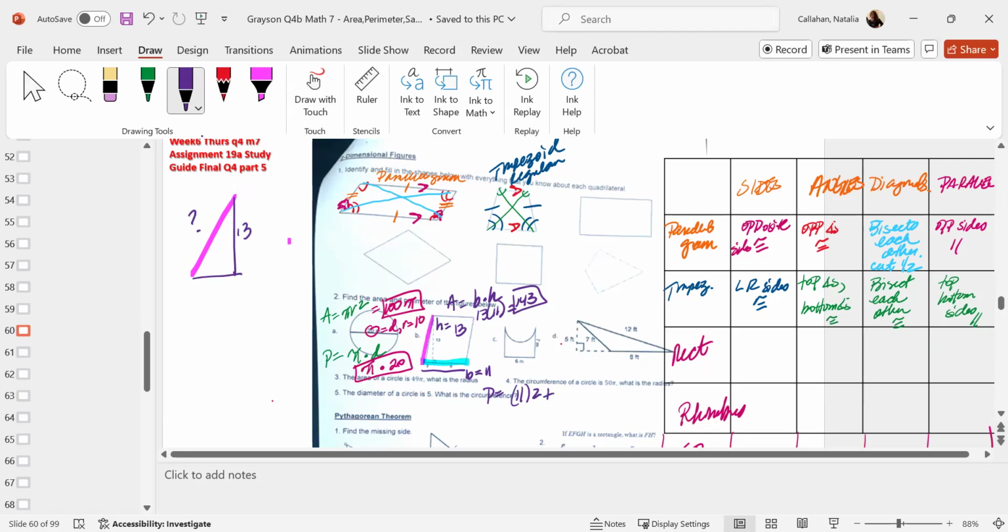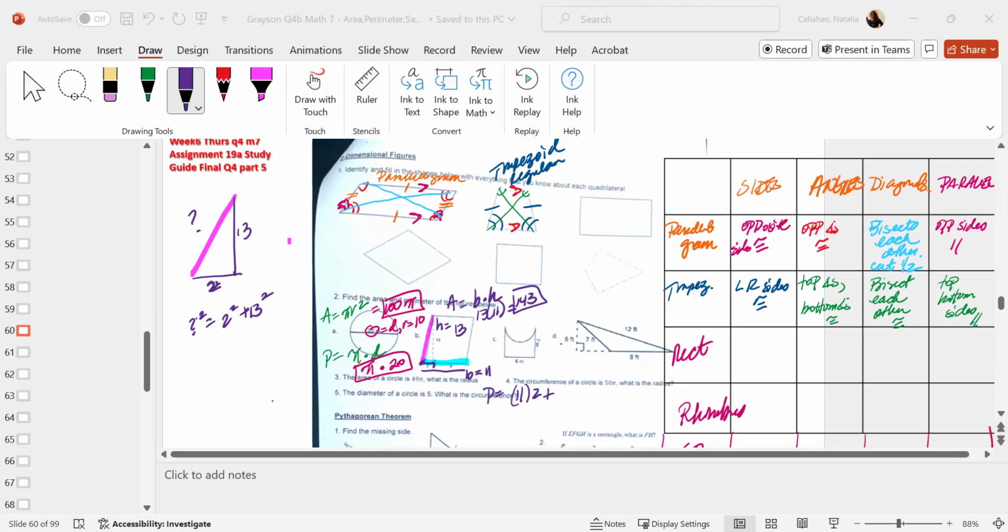But you have this part as 13. What is from here to here? What is the base of the small triangle? 2. So, hypotenuse is question mark squared equals 2 squared plus 13 squared. 13 squared plus 4 is 173.